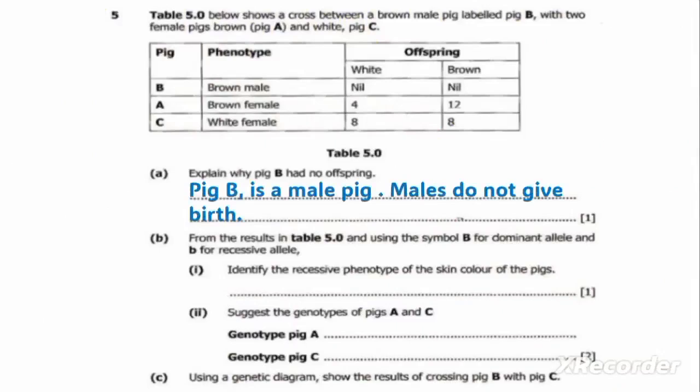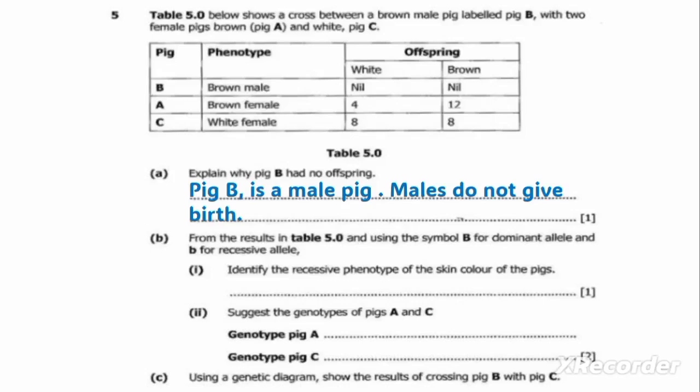We shift to the next question, which is question 5b. The question leads: from the results in table 5.0 and using the symbol B for dominant allele and b for recessive allele, Roman numeral 1, identify the recessive phenotype of the skin color of the pigs.